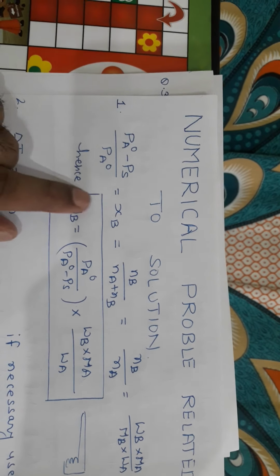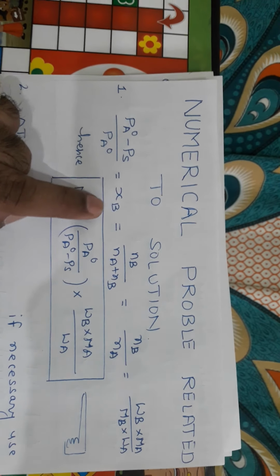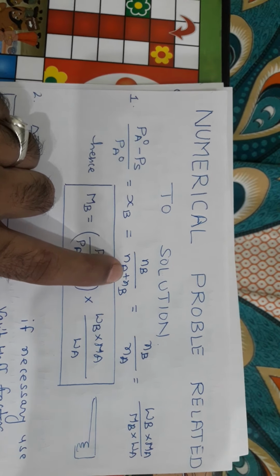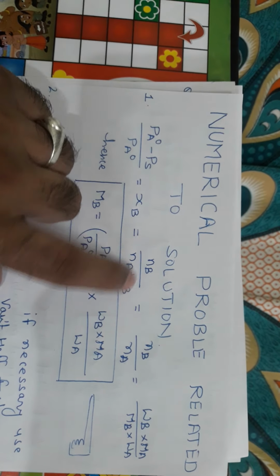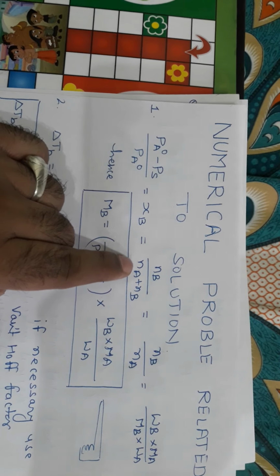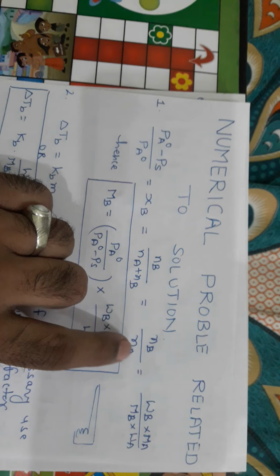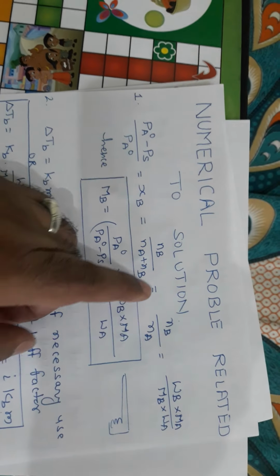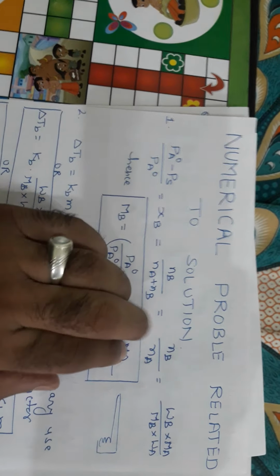Since mole fraction is the ratio of the number of moles of a particular component to the total number of moles present in the solution, it is Nb upon (Na plus Nb). We know Nb is very less than Na, hence Nb can be removed from the denominator, so the fraction becomes Nb upon Na.